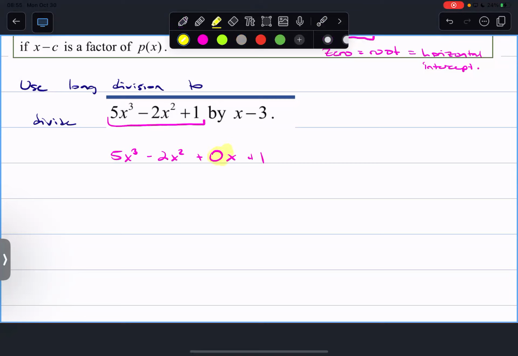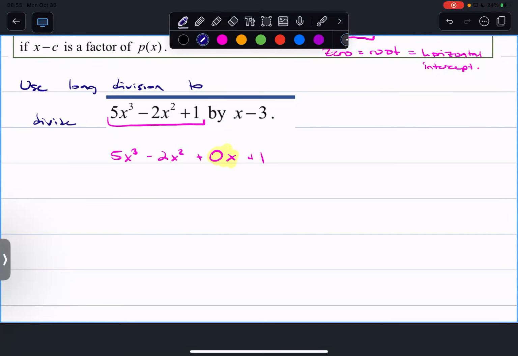So here, you have to fill it out with the missing coefficient. It is just 0, and 0 times x, that's why it's not written. But x to the power of 1 has to be there because it has to be in that space.